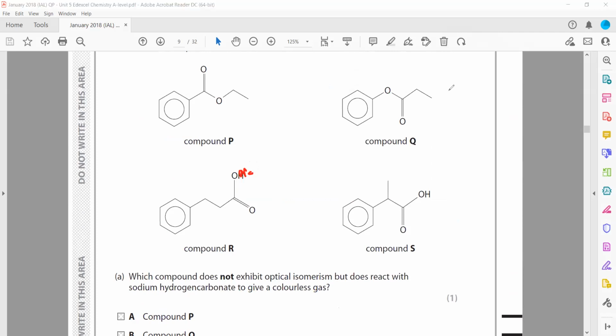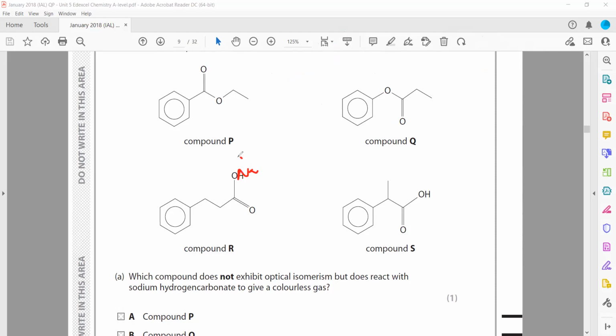If I write a simple reaction, ethanoic acid reacts with sodium hydroxide, sodium takes the position of hydrogen, so it forms CH3COONa plus H2O. The part where hydrogen is attached will be replaced by the metal.